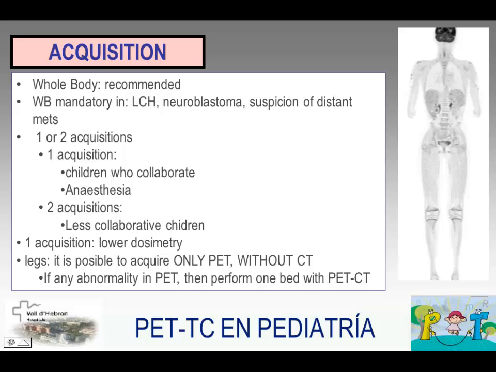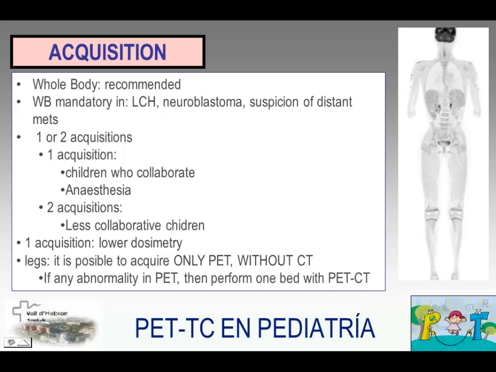And these are the things that we are doing in my hospital. We try to always perform a whole body acquisition, and the whole body is mandatory in any case of Langerhans cell histiocytosis, in neuroblastoma, and in suspicion of distant metastasis.